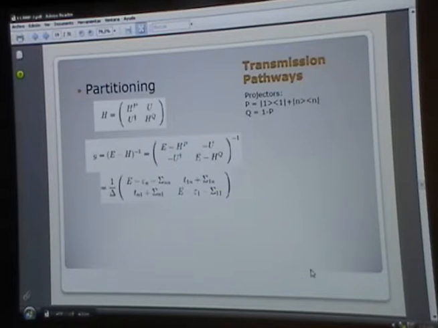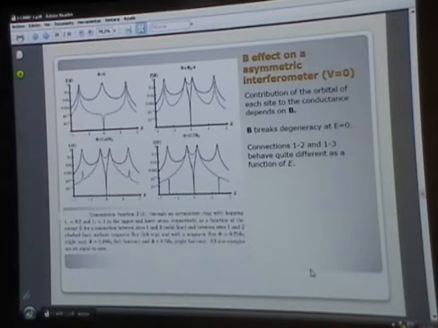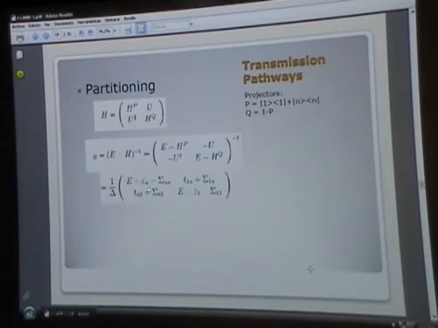It's a mathematical trick, in fact, but it is convenient to recover the idea that each one of these describes a path for the electron. So you can say that the electron goes through, for example, path 1, 2, 3.